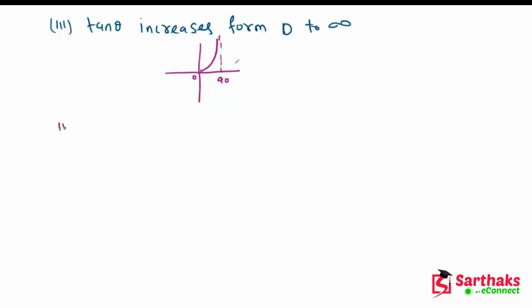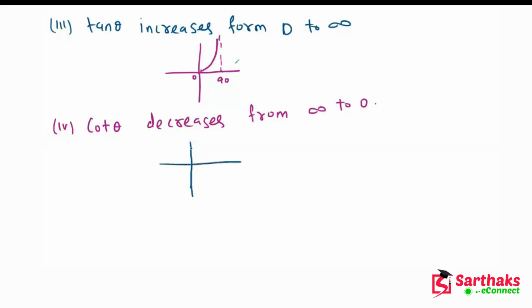Now let's talk about the fourth point, cot theta. The value of cot theta decreases from infinity to 0. Decreases from infinity to 0. So the graph of cot theta will be like this.